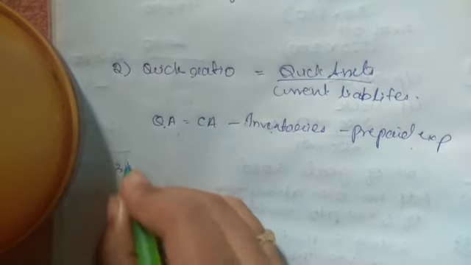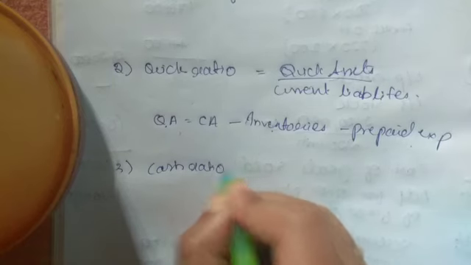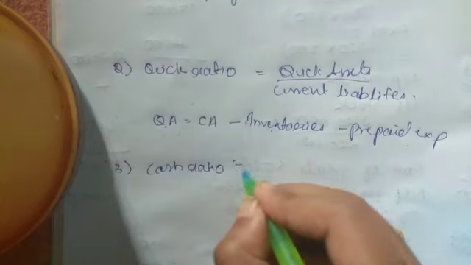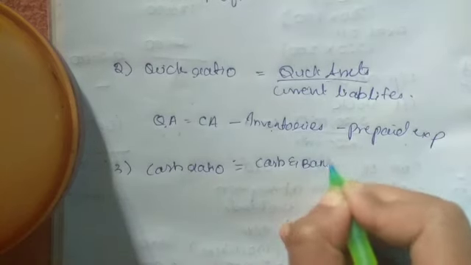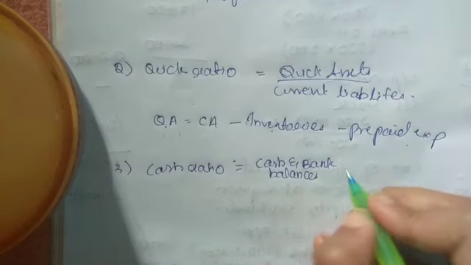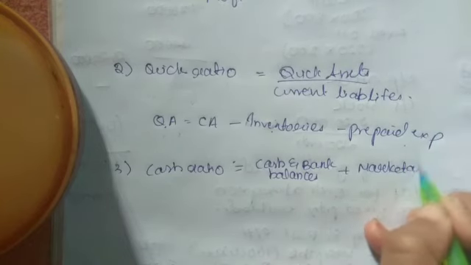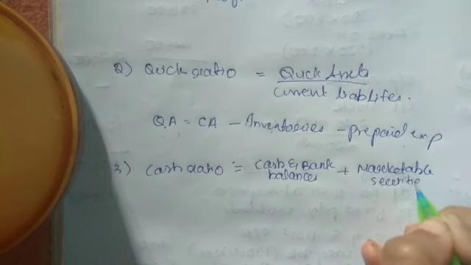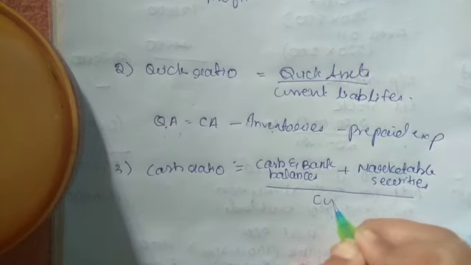The third one is cash ratio or absolute liquidity ratio. This is equal to cash and bank balances plus marketable securities divided by current liabilities.